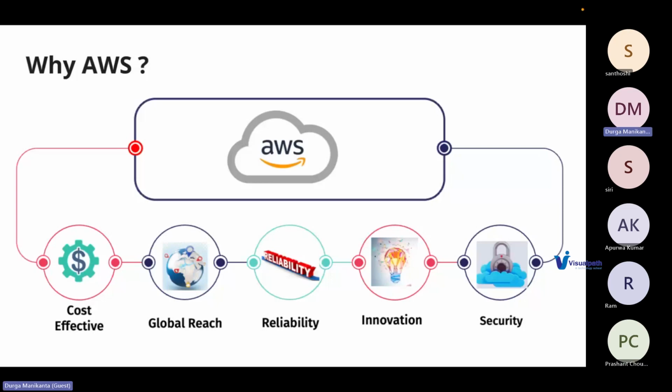Government data usually has a restriction that it cannot leave India. If there were only one region in AWS, then in order to maintain DR you would need to choose another region outside India, and ultimately you're compromising on your compliance.